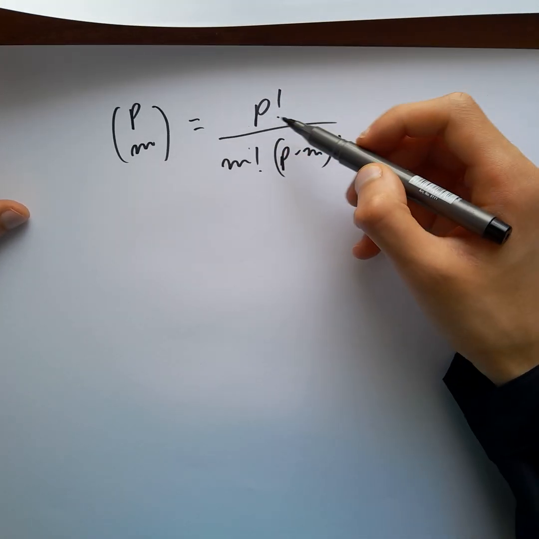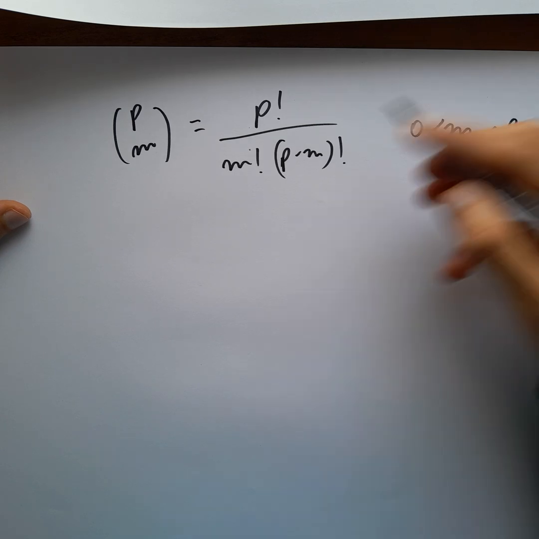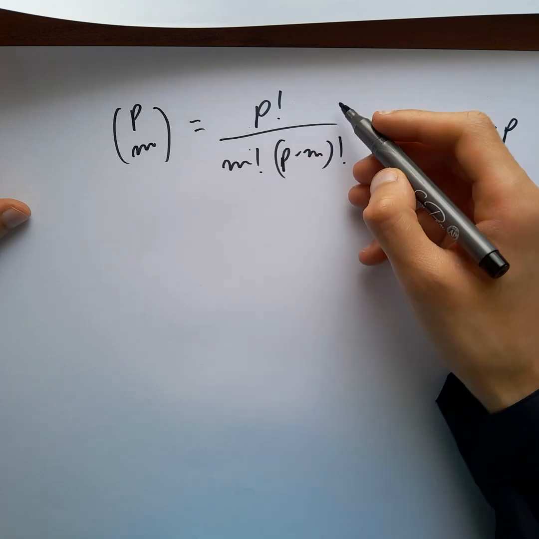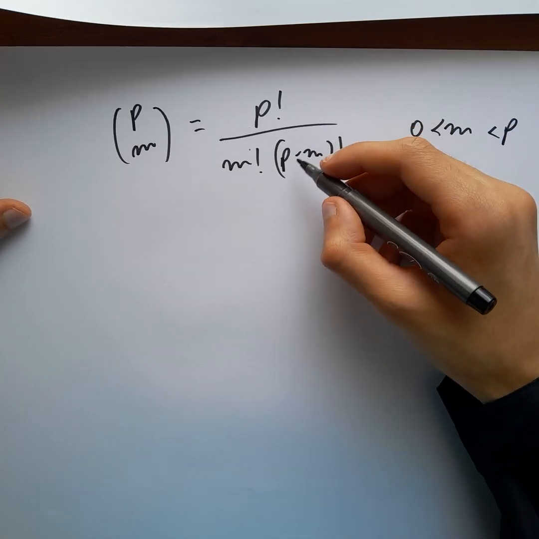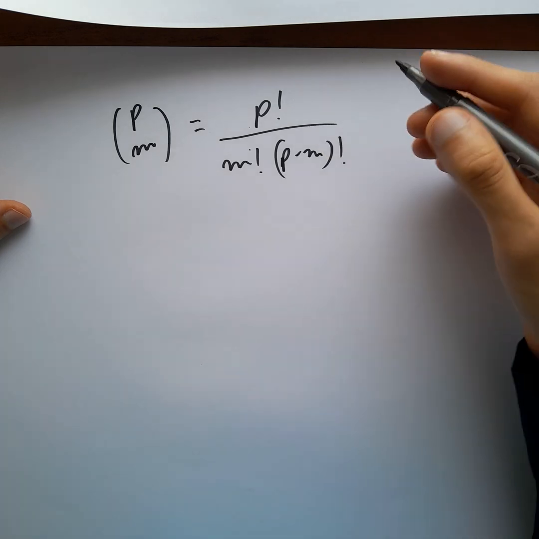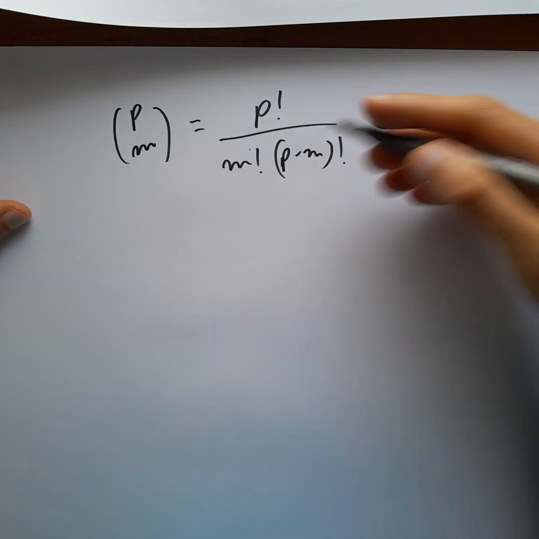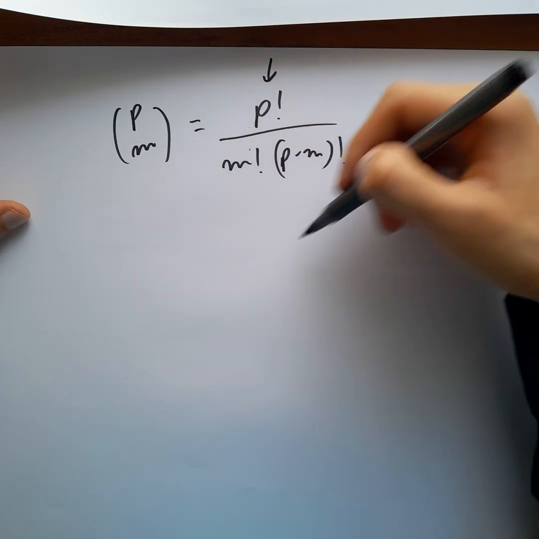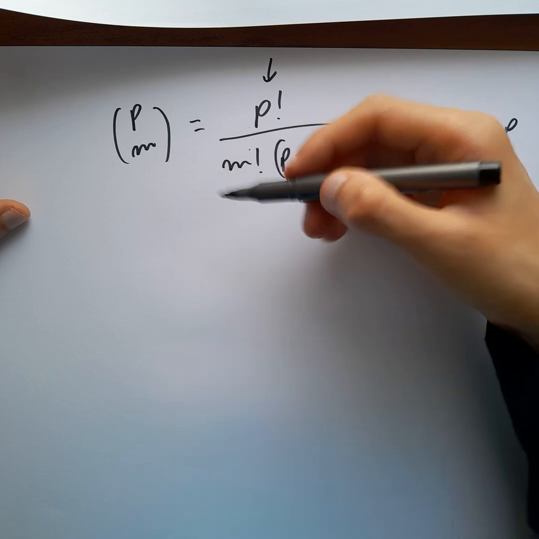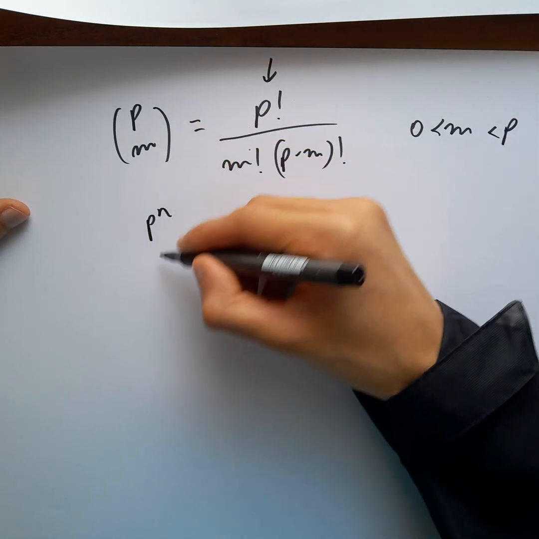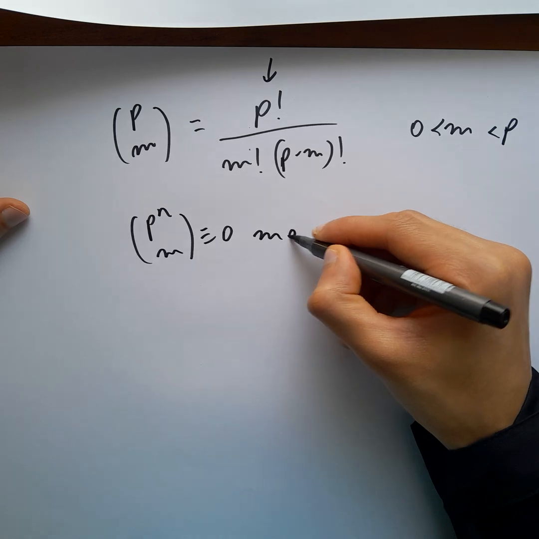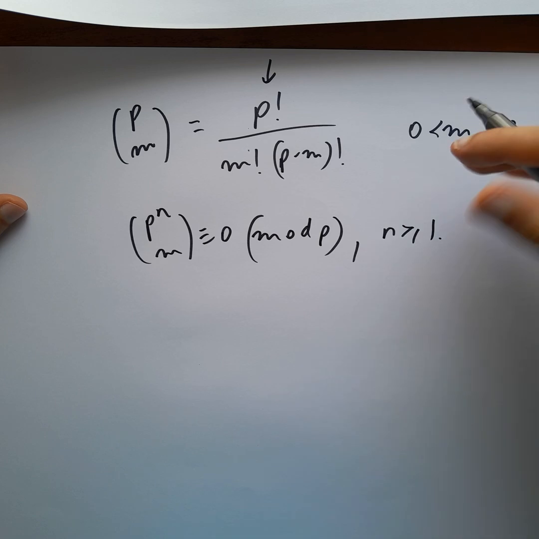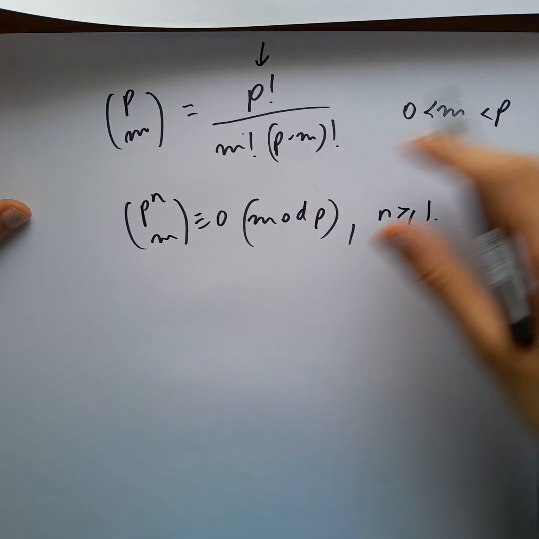Now, since m is between 0 and p, none of these two factorials contain the prime number p in their prime decomposition, using the fundamental theorem of arithmetic, while this does contain p, and that's an integer, so it's actually divisible by p. Actually, p^n choose m is divisible by p for some positive integer n, and again we can leave that as an exercise.